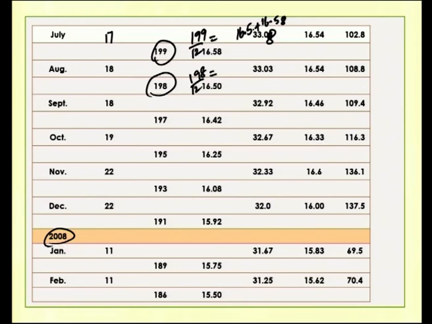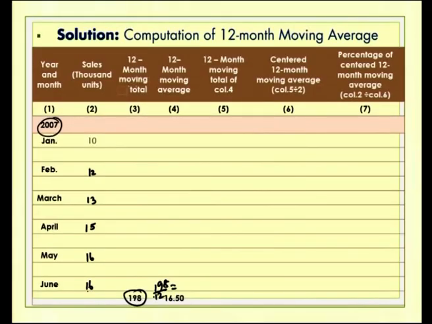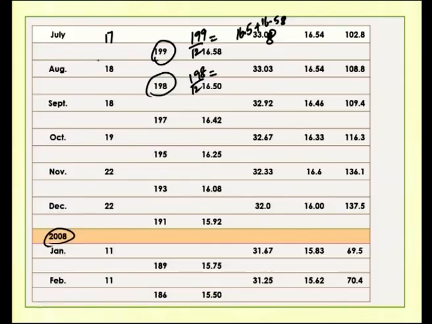Actually, 16.5 is written in between June and July, and 16.58 is written in between July and August. So, when you center the two values 16.5 plus 16.58, the center is July.